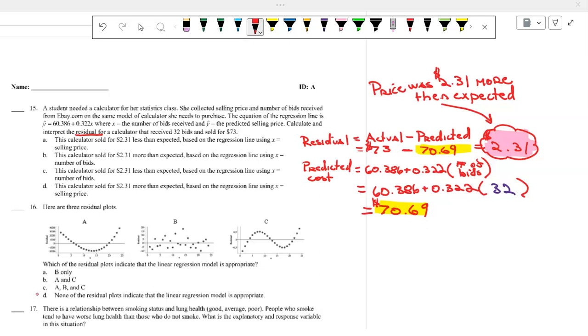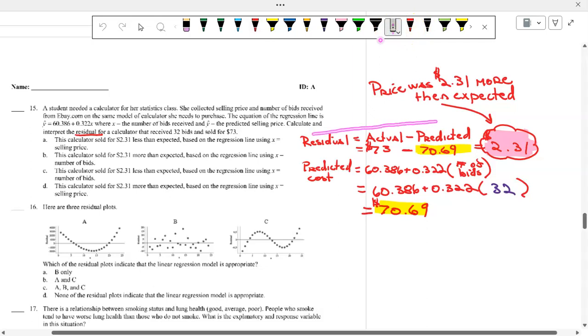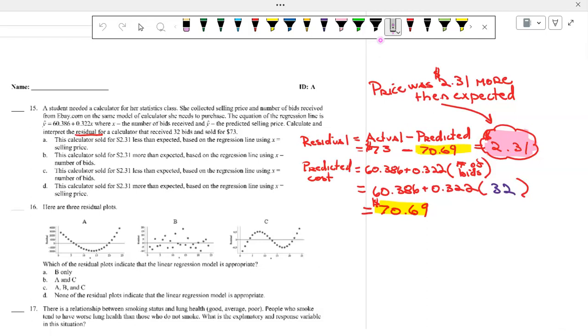To get the residual, your residual is equal to the actual price take away the predicted. Right here we found the predicted price by substituting in 32 for the number of bids and evaluating that.